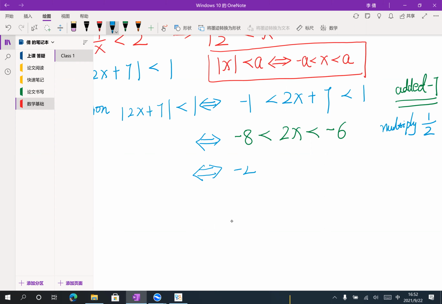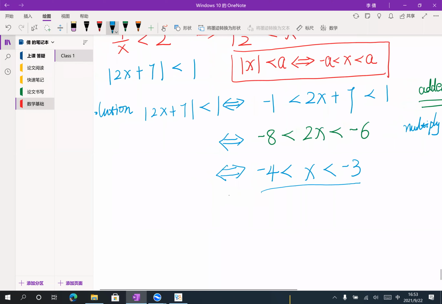And if we multiply by a positive number on both sides, it preserves the inequality, so minus 4 is smaller than x, and x is smaller than minus 6 multiplied by 1/2, which is minus 3, right? So this will be the solution for this inequality.